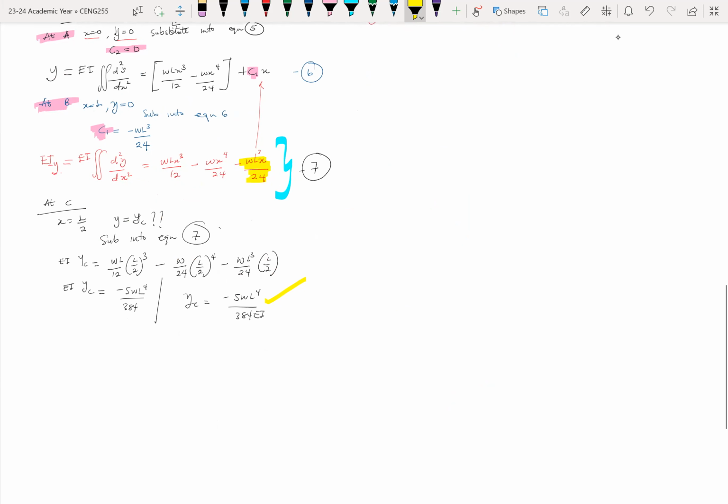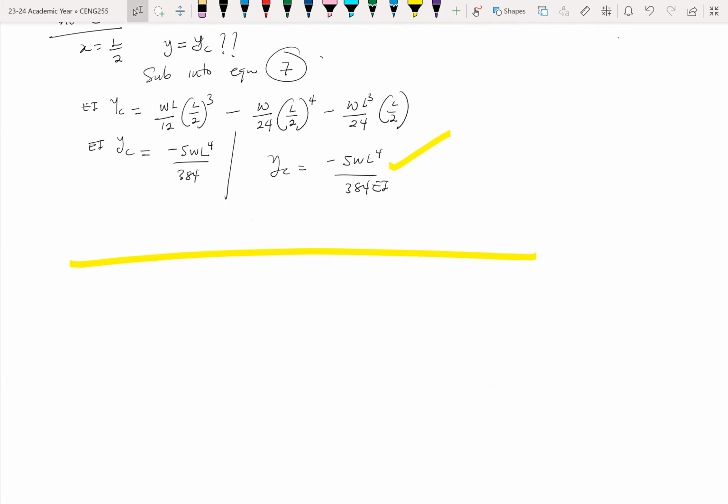So let's look at something new for today. Another method that can be used to solve the deflections and the slopes. The double integration method is a bit cumbersome. It requires you to write the moment equations in terms of x, all right?